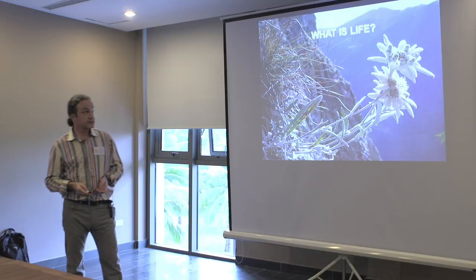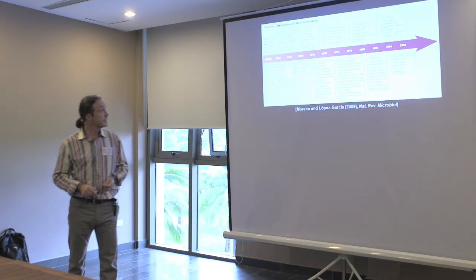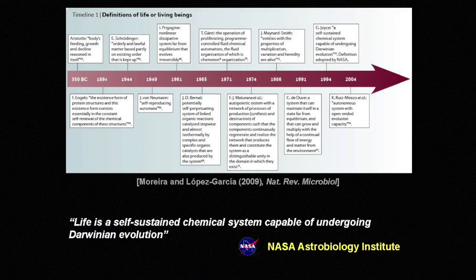of life since Aristotle. This is a nice timeline made by my friends David Moreira and Puri Lopez Garcia, and you have some of the definitions of life from Aristotle to now. It's quite interesting. The definition that Gerald Joyce coined says that life is a self-sustained chemical system capable of undergoing Darwinian evolution.